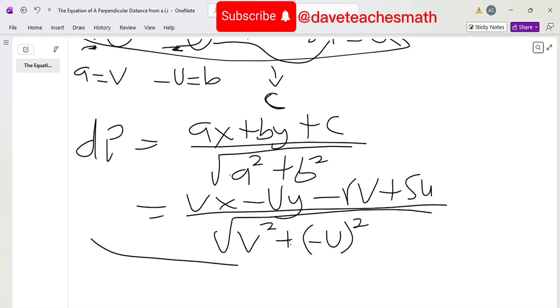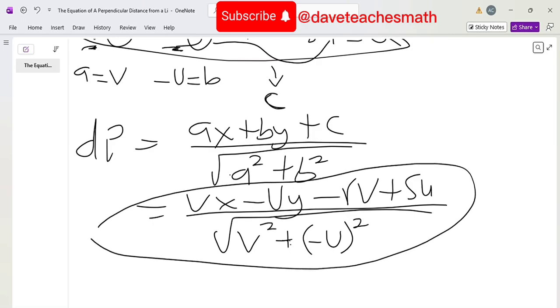Okay, so this becomes the same thing as the formula for the perpendicular distance of a vector, and from here you can work it out.